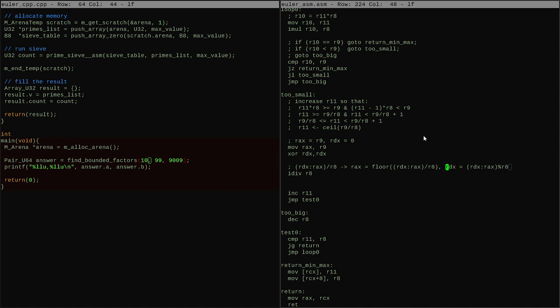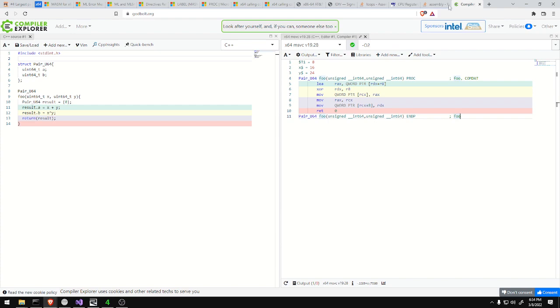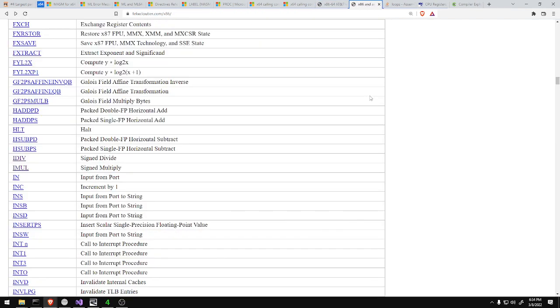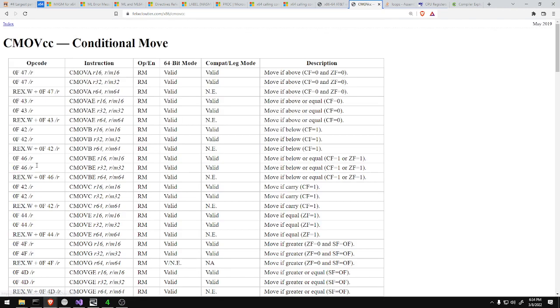We could do a conditional move so that if you get out of here. Where is my, here it is. We have CMOV CC, there we go.